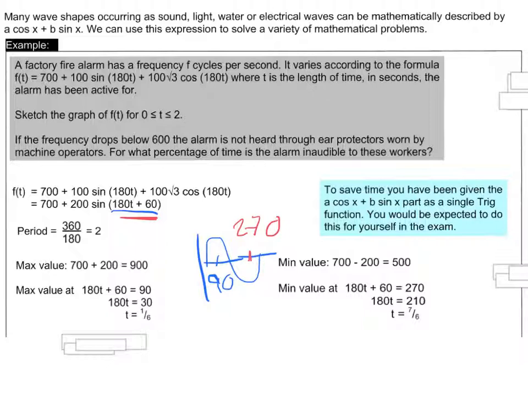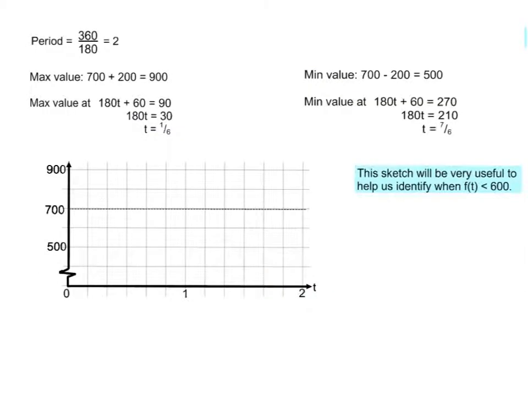Right, we've now got all the information we need to start drawing our graph. So, the period of 2, so I've set up my x-axis, but really it's got t along here because we're talking in time, in seconds. I've went from 0 up to 2, because that's the interval I've been asked to draw my graph in.